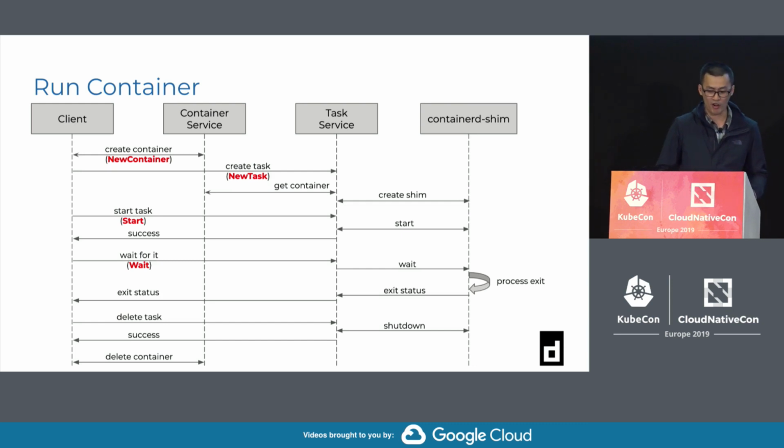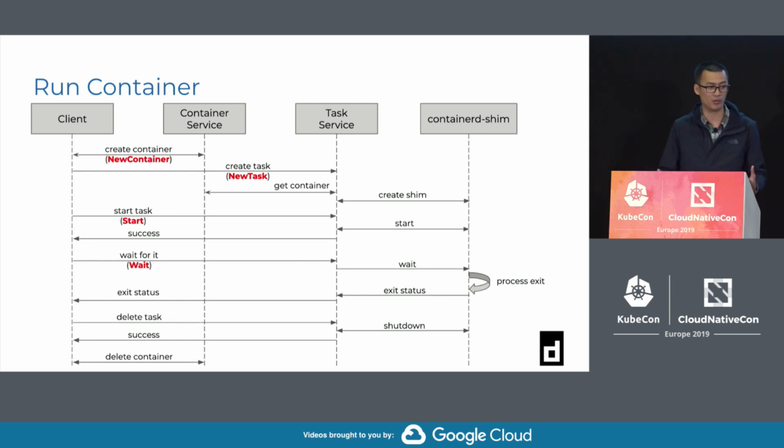As we mentioned before, containerd shim is used to handle the life cycle of the container and keep the container alive if containerd is down. So imagine that if we try to upgrade the running containerd version, we need to shut it down and restart it.